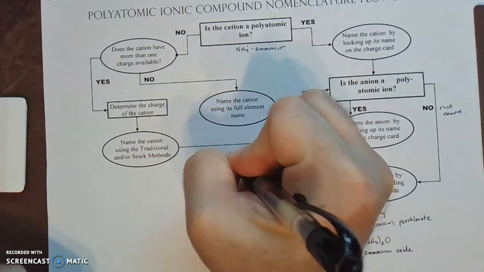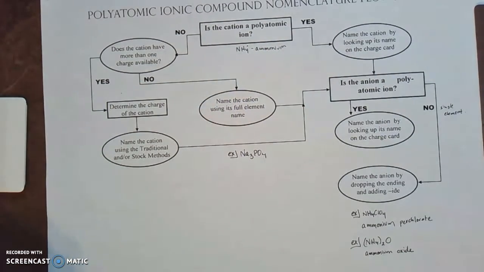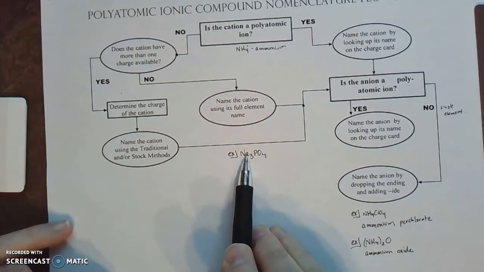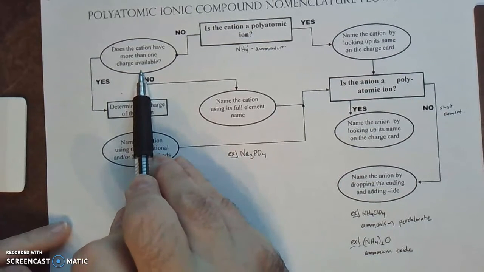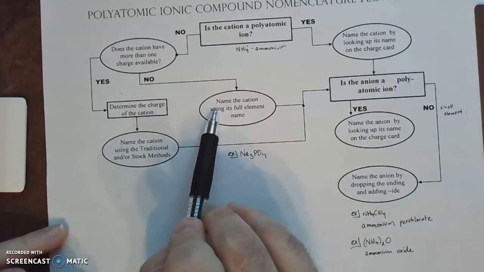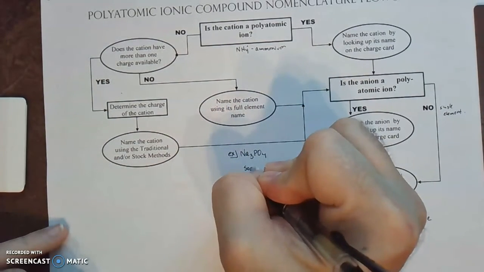If we look at an example, Na3PO4. If we look up sodium on the periodic table, it only has one possible charge. So we name the cation using its full element name, and Na is sodium.